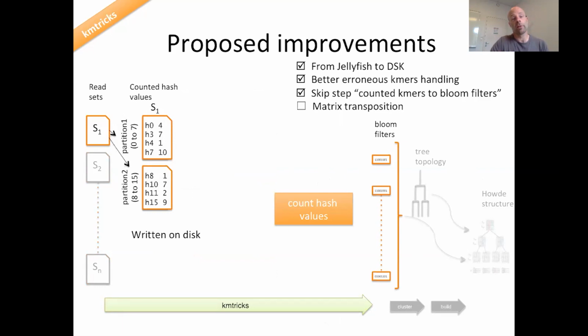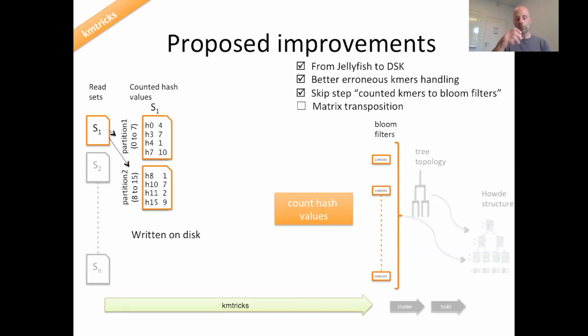For each partition, thanks to the super kmers, we compute the kmers and we directly output their hash values, and we sort those hash values and we count the number of occurrences of each hash value.